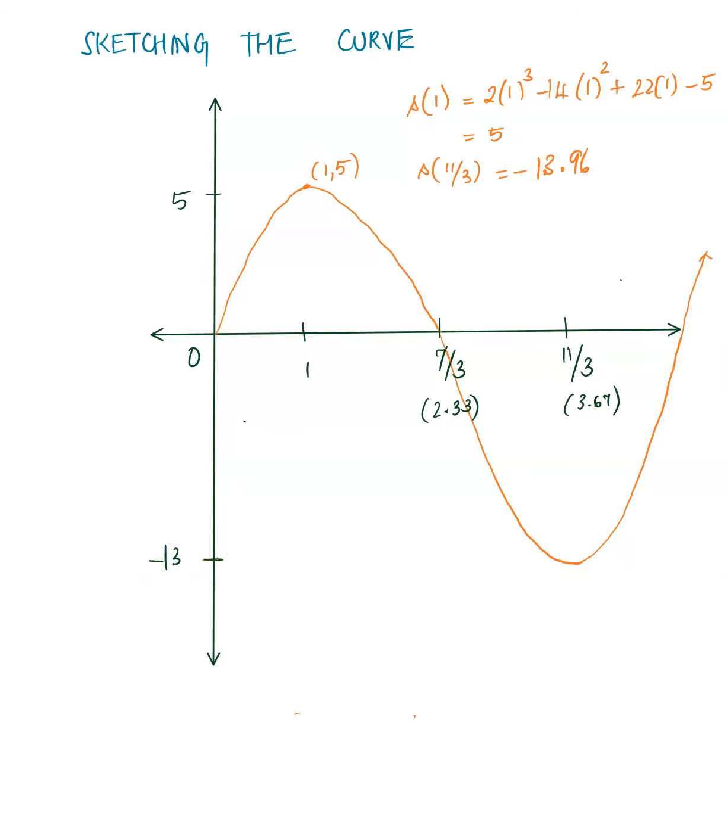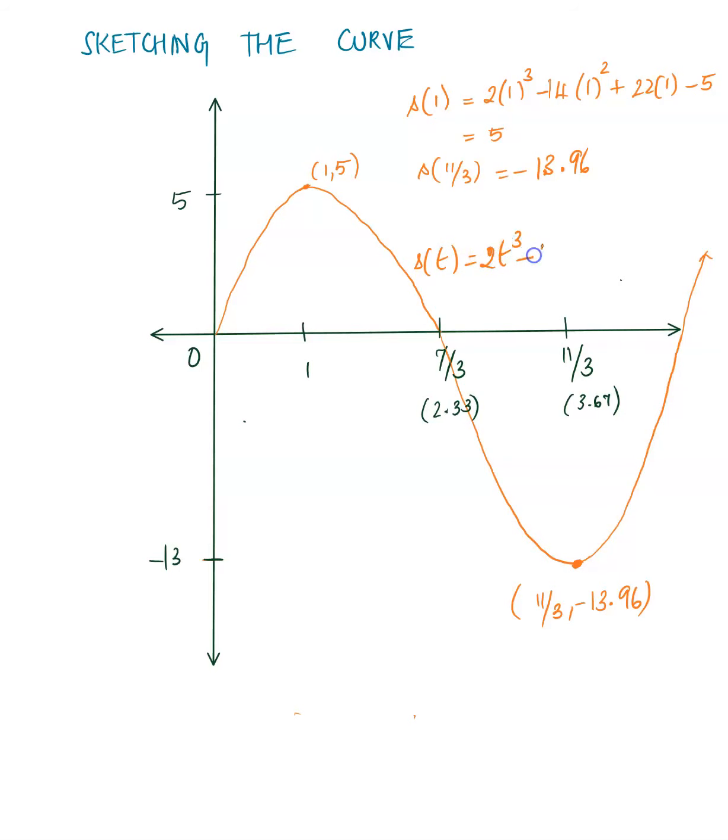Okay, so that's a disclaimer I have here, that this point will be 11 over 3, comma, negative 13.96, because it's a decimal value. And in fact, you can also find what happens at 7 over 3 so that you can graph it. 7 over 3 will correspond to negative 10 point something.